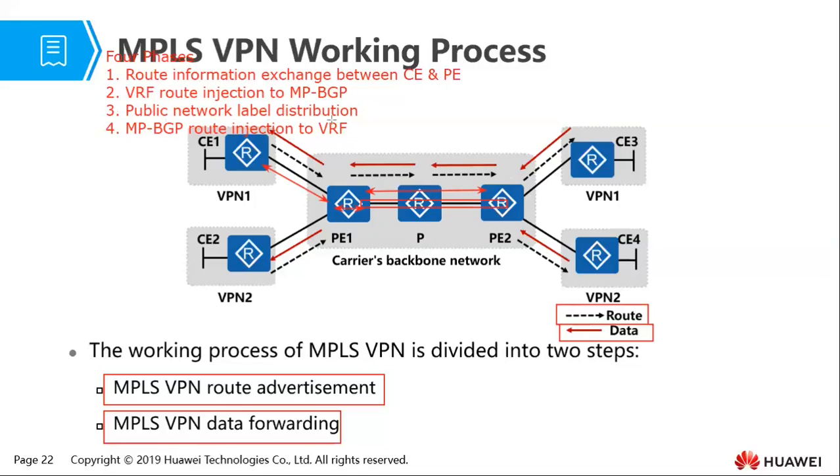Then the last one here is the reverse of what we did on step 2. On this PE2, the egress PE, if you can allow me to call it that, we now do the reverse. We take the MP-BGP route and inject it to the VRF on PE2. So those are the 4 phases.